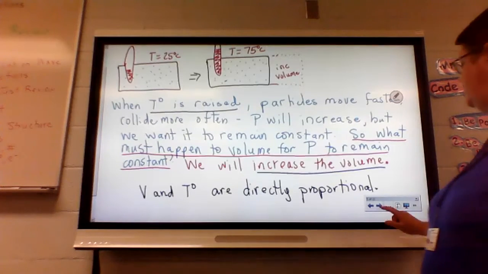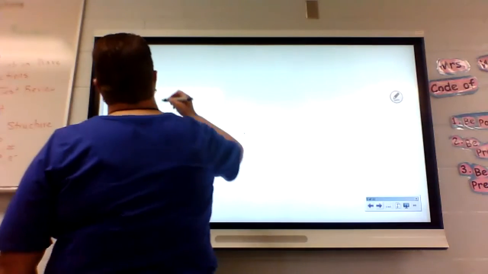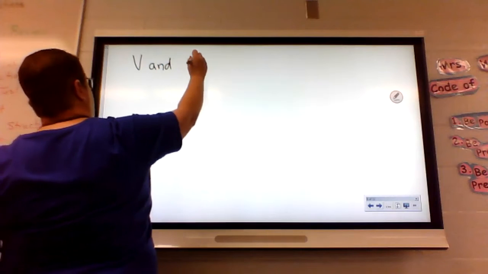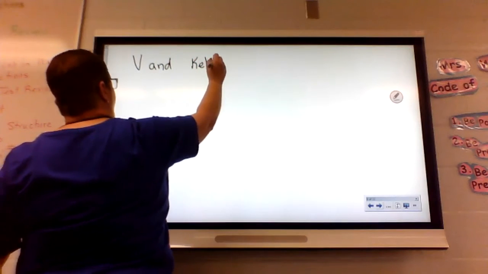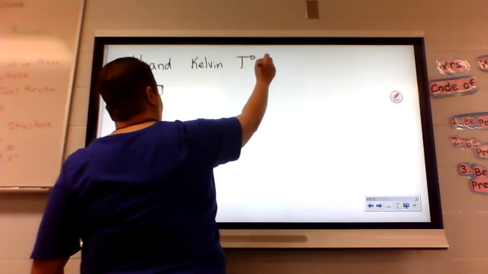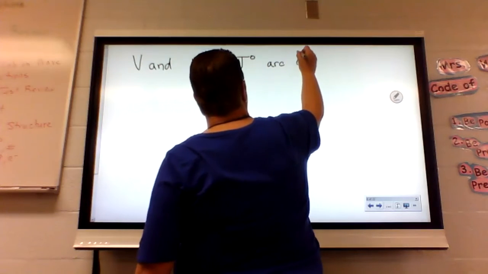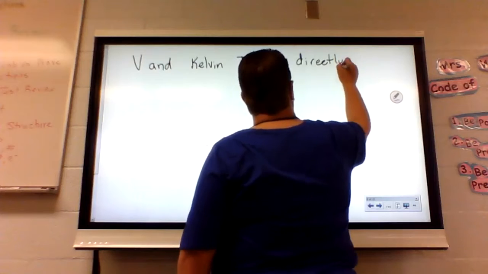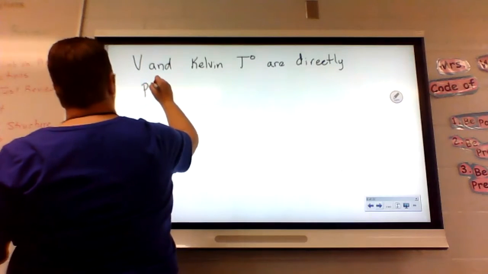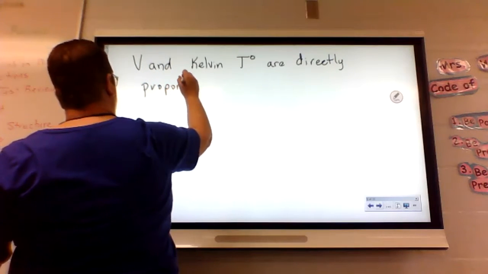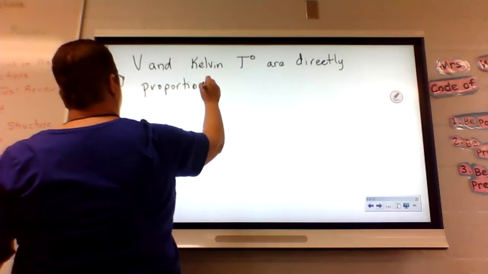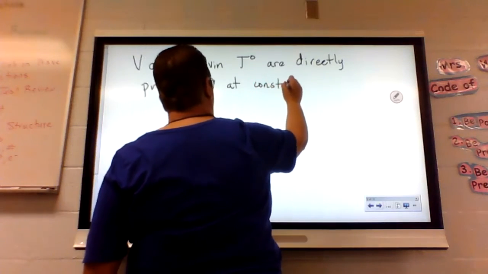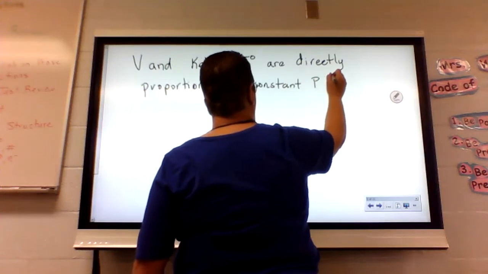So, what does Charles's law say? Charles's law says volume and Kelvin temperature are directly proportional at constant pressure.